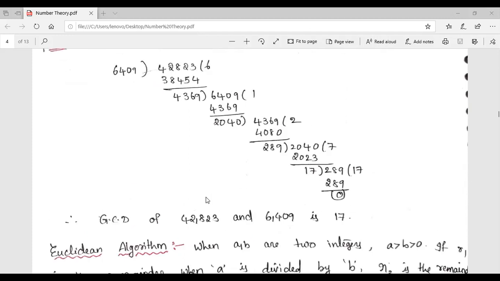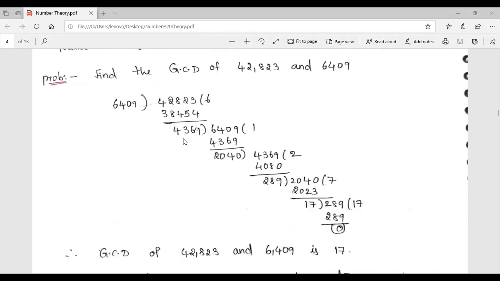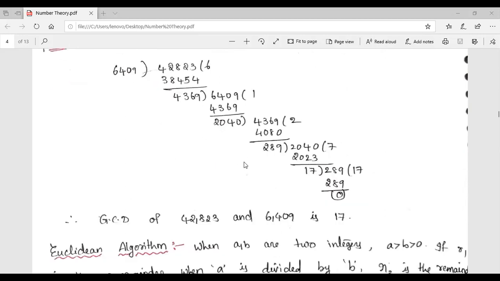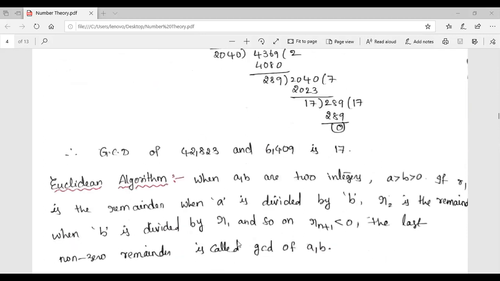So here b is 6409, divided by r1, 4369, gives the remainder 2040. And so on, until the remainder is 0. The last non-zero remainder, 17, is called the GCD of a, b. This is called the Euclidean algorithm.